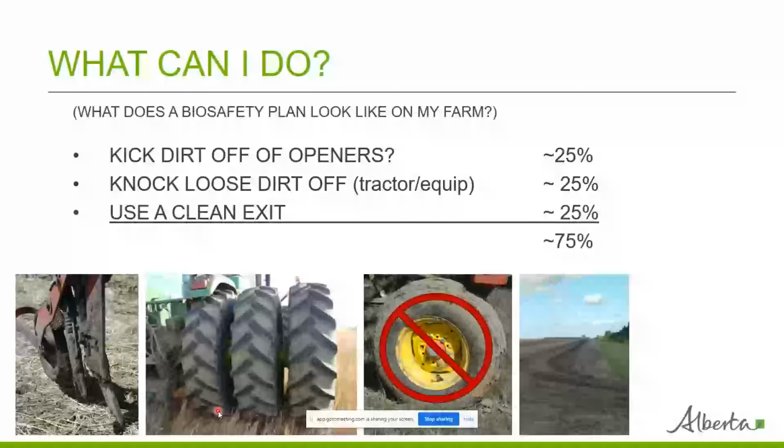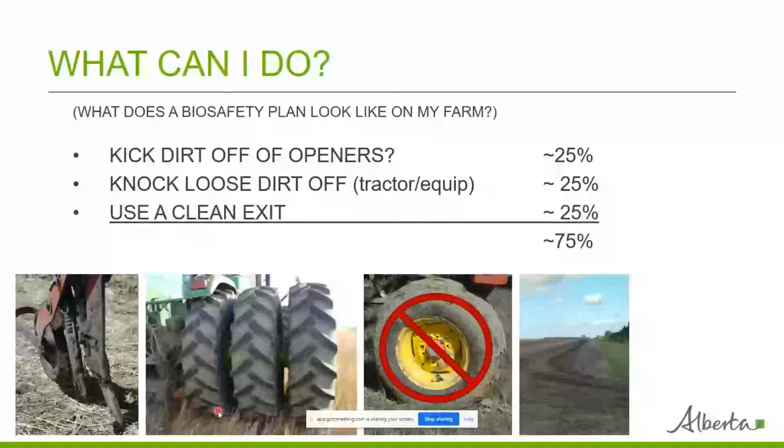Okay, you just reduced 75% of your risk in probably a 30-minute exercise leaving a field. And if you knew that field had clubroot, would you be willing to invest 30 minutes out of your day to not spread it to another field? So I would be, because I know how difficult clubroot is to manage once it's introduced, and that the best practice is to avoid it.